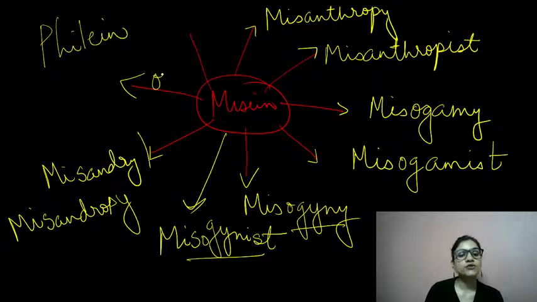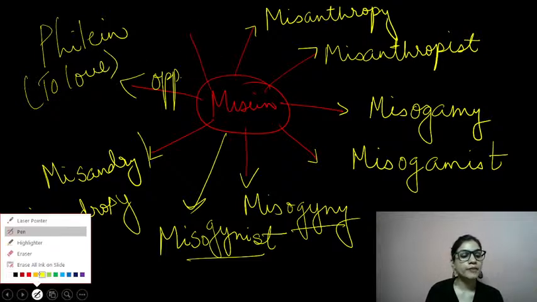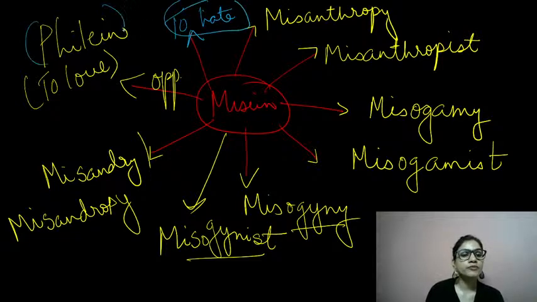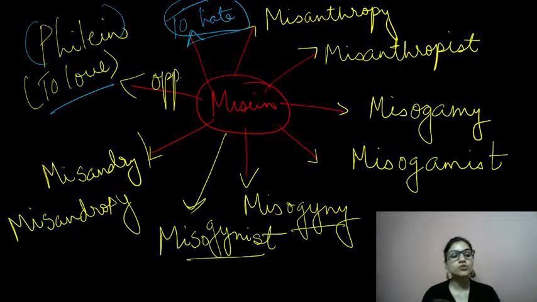Okay? This is the opposite. Philane means to love. This means to hate. Remember these words. This means to hate and philane means to love. So just remember these word roots. I think these words will help you to remember these word roots and words forever.